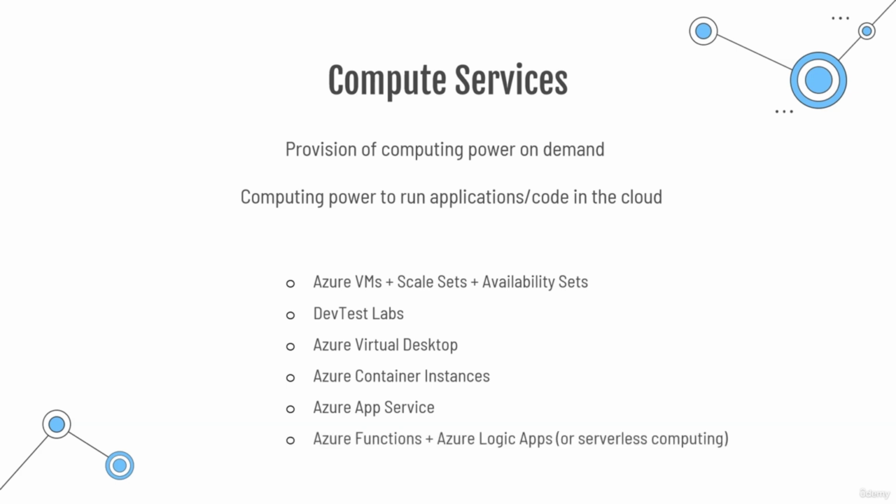And last but not least, we also talk about so-called serverless computing. So for example, Azure Functions, where we can execute just code in the cloud. That's what we are going to discuss in the following lectures. And of course, again, we'll also have some live demos to make this a little bit more practical. First of all, let's now start with the so-called Azure Virtual Machines.